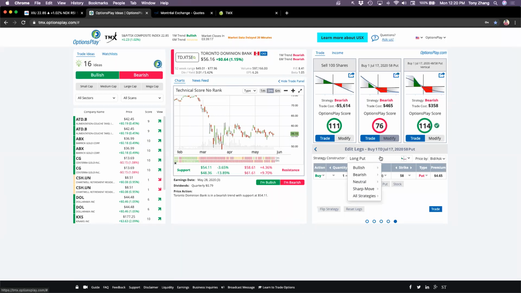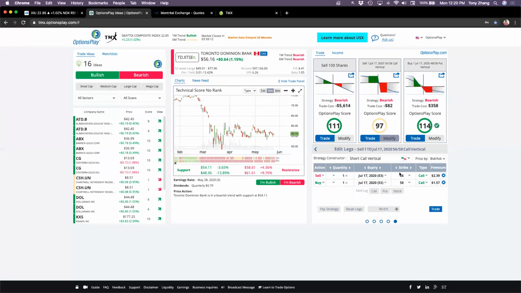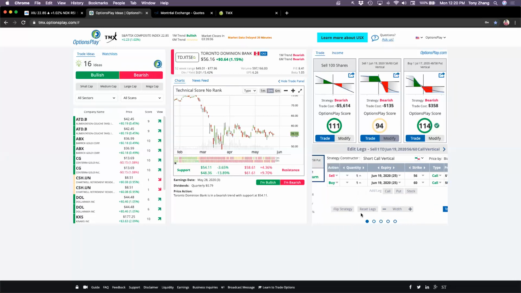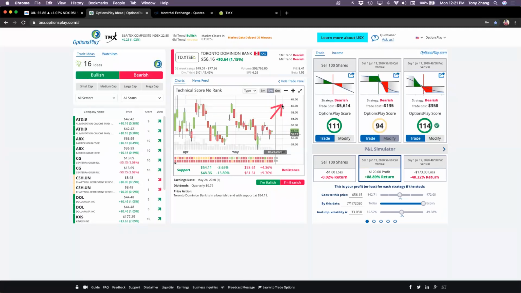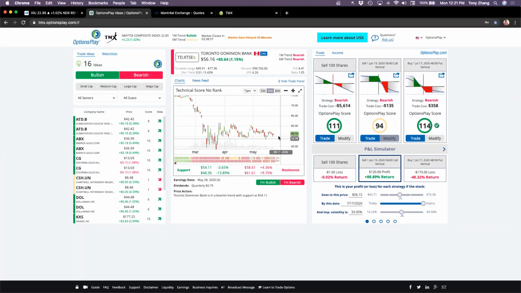So one of the things I've been doing in this type of market environment for banks is selling premium, selling a call vertical. I might sell something like a $56, $60 call vertical, where even if banking doesn't decline, I can still make a profit on this type of strategy. As long as it doesn't rally, selling a call vertical may be a better strategy here than buying a put vertical, which requires the stock to make a move to the downside before you have a profit.